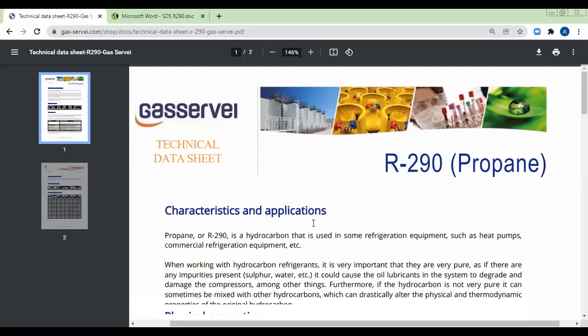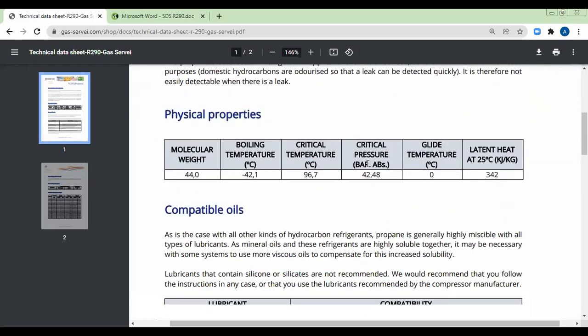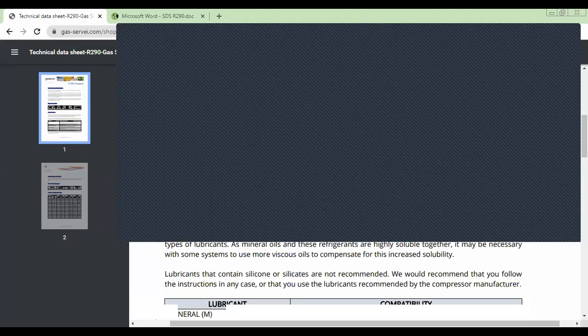So technical data sheets. Do you think technical data sheets are available for water? Because water has a lot of applications. So this is extremely important, and I will specially take some extract of this for today's notes.